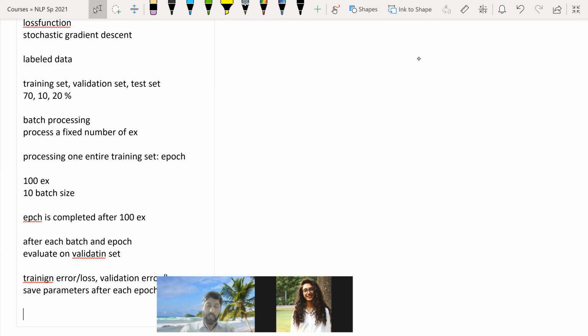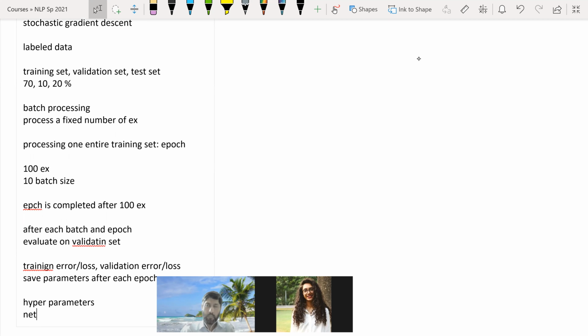Plus, as I mentioned last time, you have several hyperparameters. So hyperparameters are for network parameters, optimization parameters. They could be regularization parameters, and there could be others as well. So these parameters are optimized or decided over the validation set.